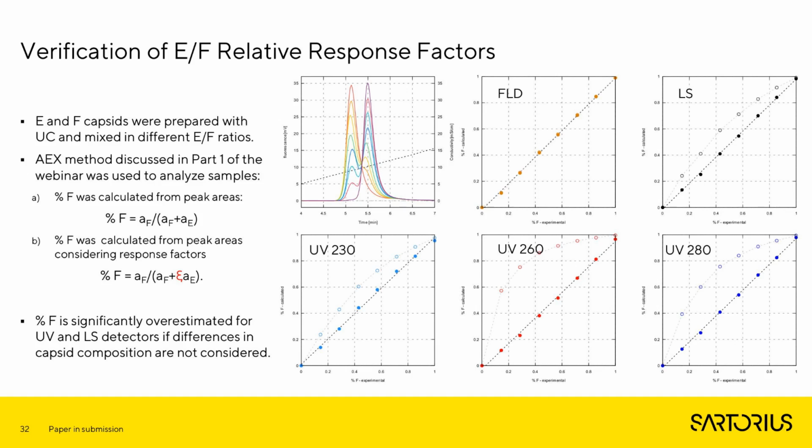And what we see from the graphs shown on this slide is that indeed the fluorescence detector is giving us equal response for empties and fulls, whereas all other detectors are overestimating the percentage of full capsids. And this overestimate is indicated by the void circles here on the graphs.